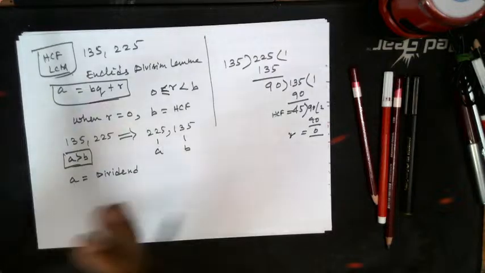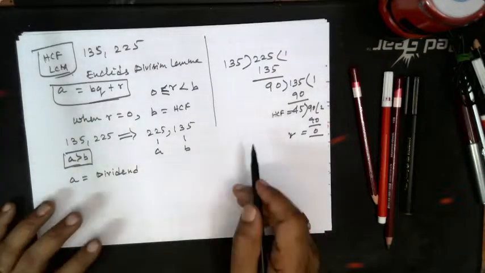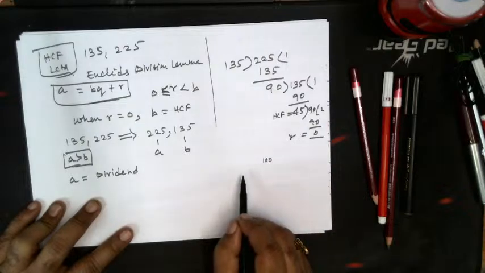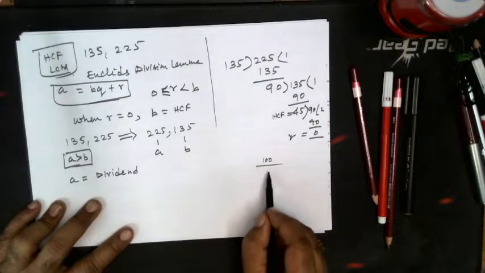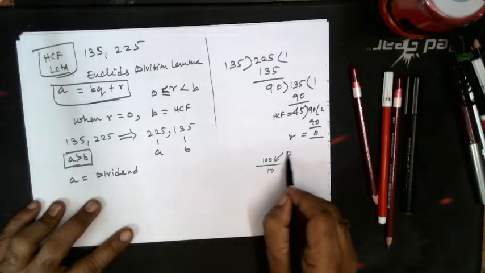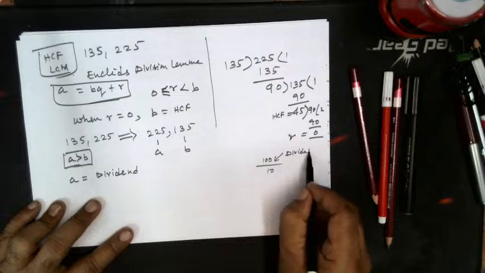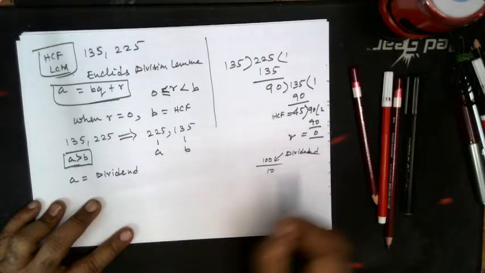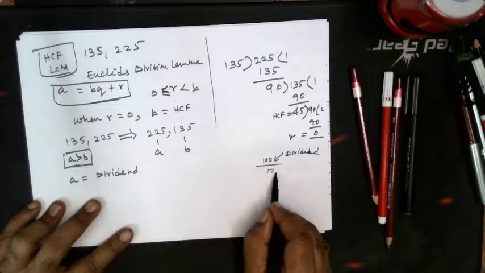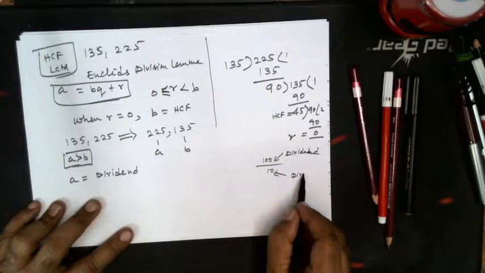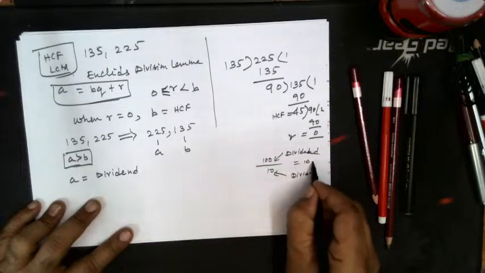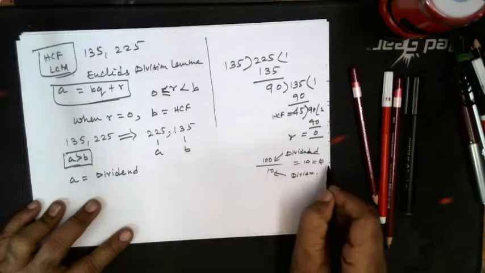For example, I have got 100 rupees. Listen, I want to distribute to 10 students, each 10. In that case, this is called dividend. I hope now you should be able to understand what dividend means. And this is divisor. And the result, 10, is called quotient.